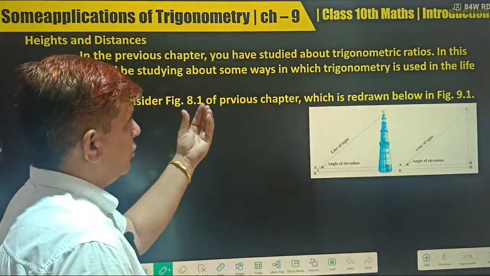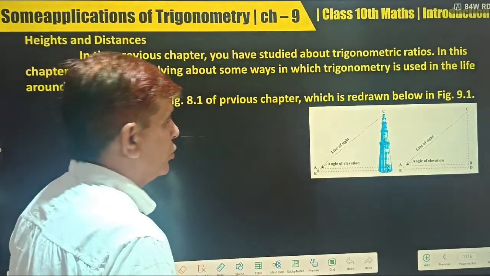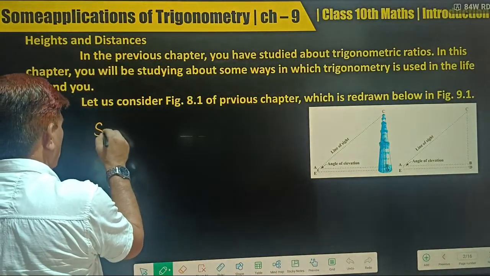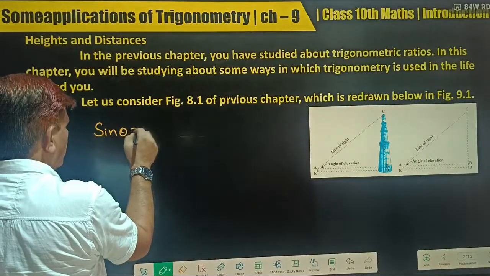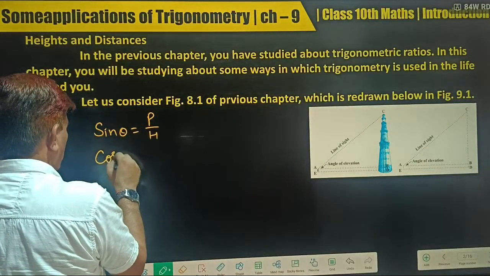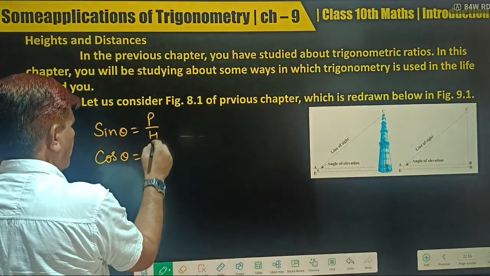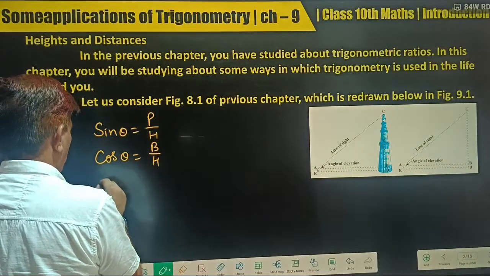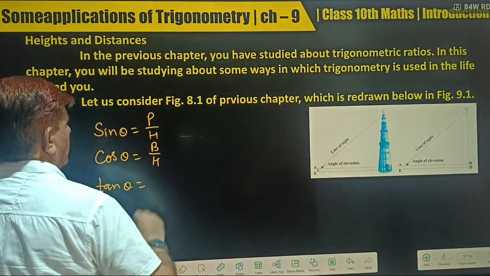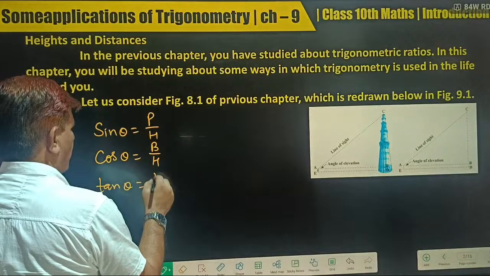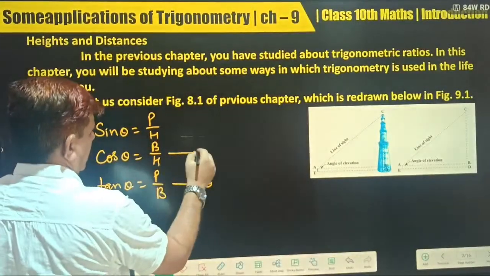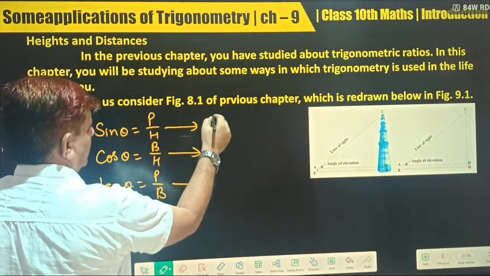In the previous chapter you have studied about trigonometric ratios. So these ratios, we know sine theta is perpendicular by hypotenuse, cos theta is base by hypotenuse, tangent theta is perpendicular by base, and 3 more, they are reciprocals of it.